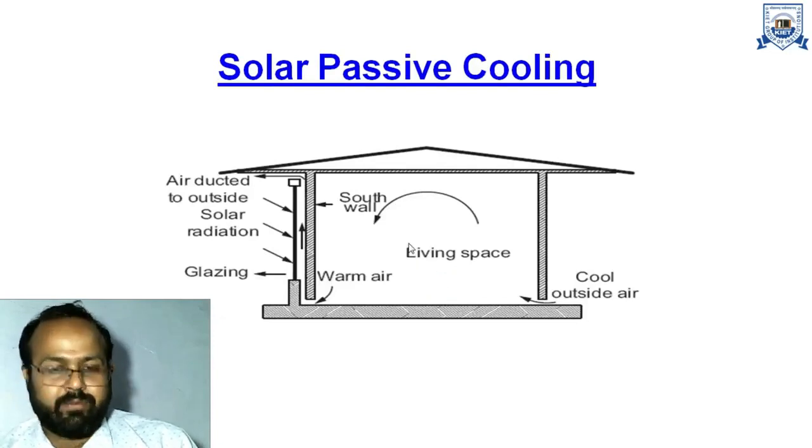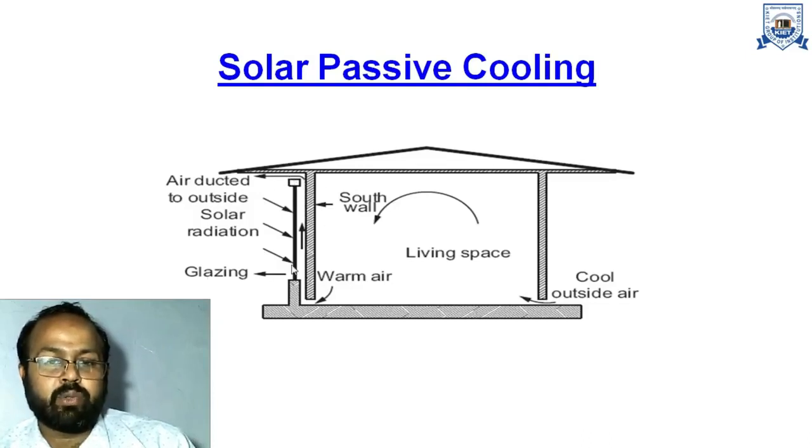This is solar passive cooling. In solar passive cooling we work on the previous principle, but in this particular case the air is ducted into the environment. So glazing does not cover the total area in this particular space.